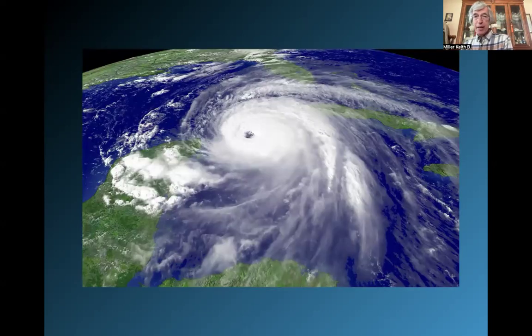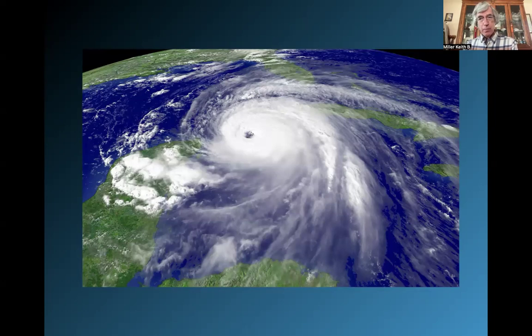So again, here is a classic looking hurricane. Again, it's rotating counterclockwise. It's pulling from the surface of the ocean. It's pulling in warm, moist air. Again, we'll be talking about this in a little more in a couple later slides.